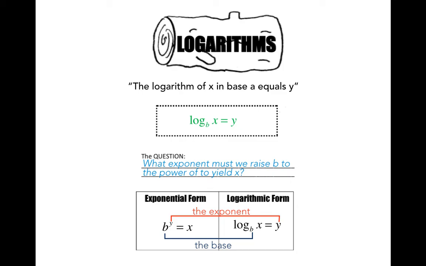And that's what you're trying to find in the logarithmic form, because if you look back, when we were trying to find the inverse, we couldn't isolate y. What we're trying to do is find the exponent that would give us that x value.